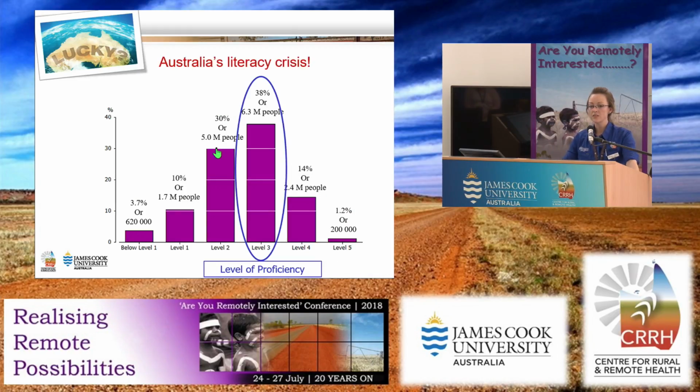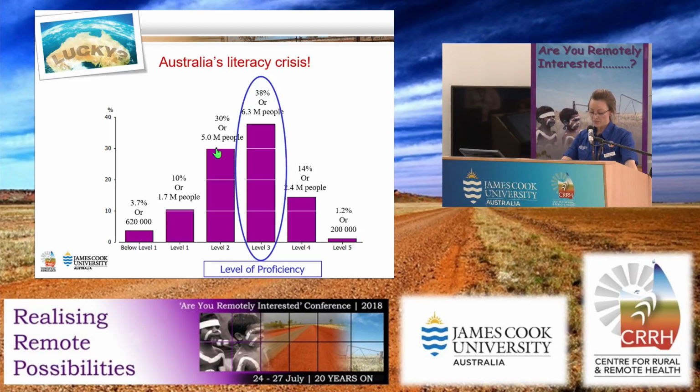So in 2011-2012, the Australian Bureau of Statistics and the Organisation for Economic Cooperation and Development, the OECD, performed a survey called the Program for the International Assessment of Adult Competencies. This collected literacy and numeracy information on 15 to 74-year-olds throughout the world. This is Australia's data here.